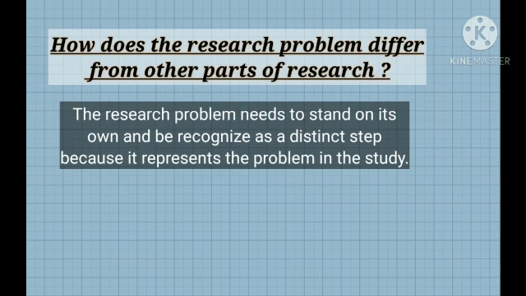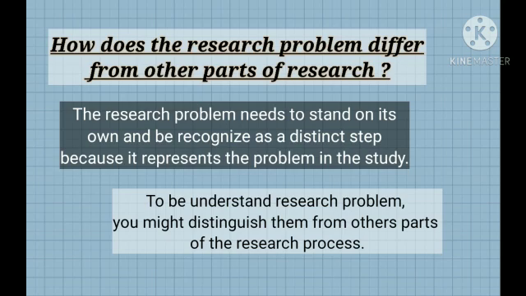How does the research problem differ from other parts of research? The research problem needs to stand on its own and be recognized as a distinct step because it represents the problem in the study. To understand the research problem, you might distinguish it from other parts of the research process.